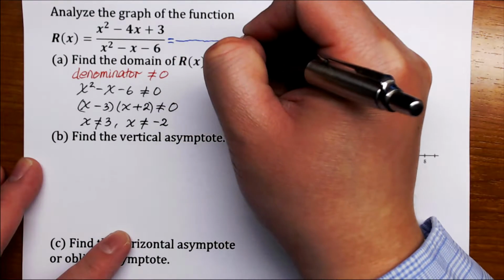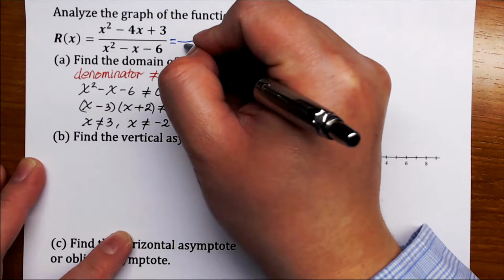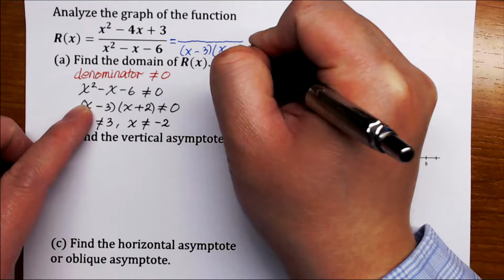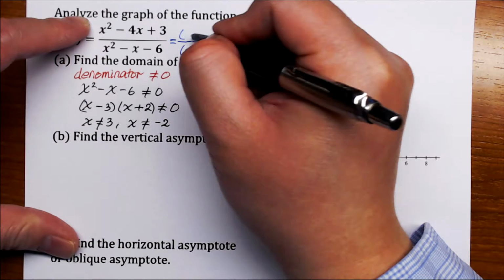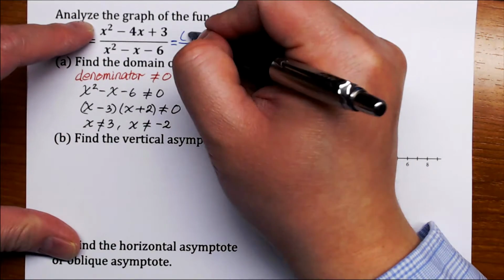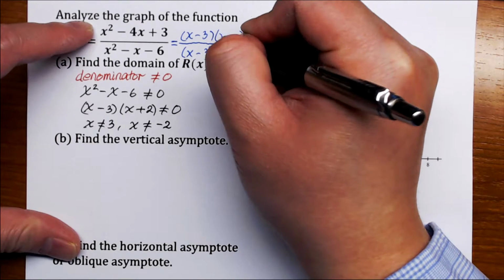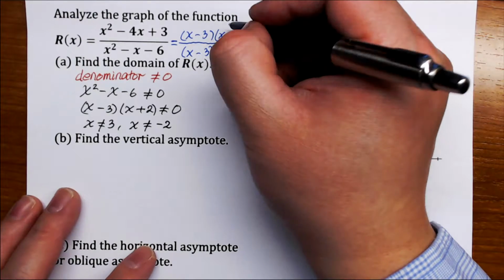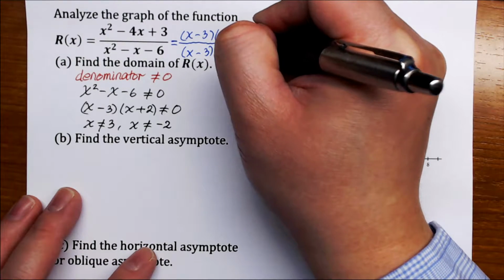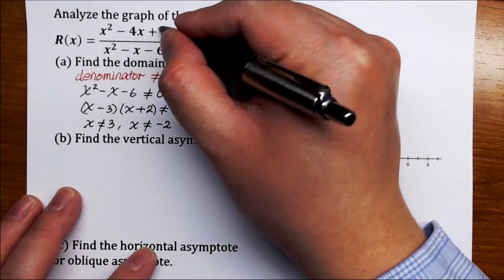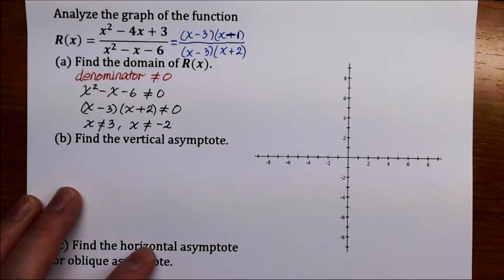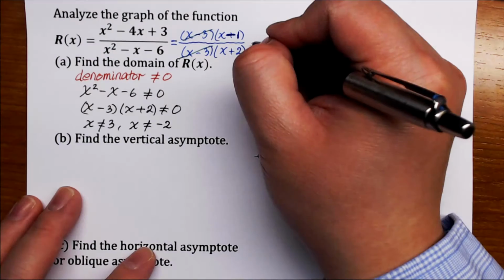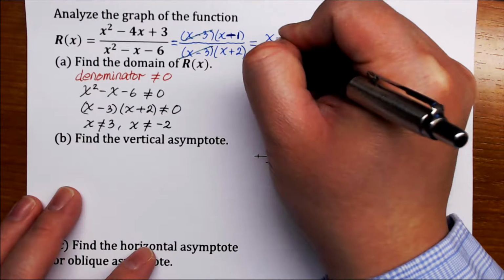So we'll see that the denominator will be factored as x minus 3 and x plus 2, and on the top we will have x minus 3 and x minus 1, because we multiply it out and it should be negative 3. The x minus 3 cancels out, and we will have just x minus 1 over x plus 2.